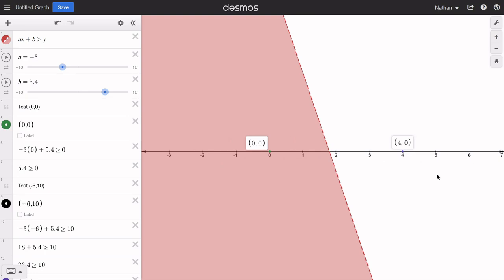The exact same application applies, right? Whenever the shaded region covers a part of the points, or in this case the line, those are all valid solutions. So all of these points here are in the solution space, and these ones are not in the solution space.